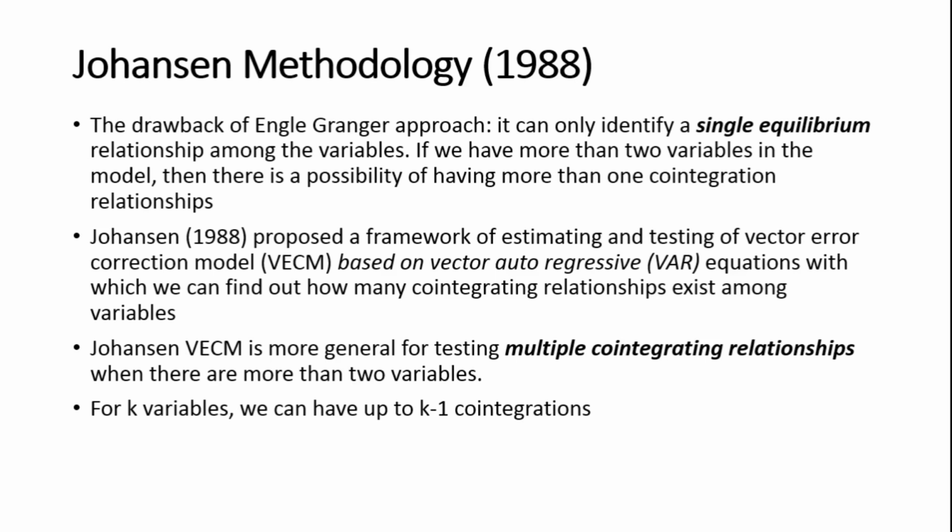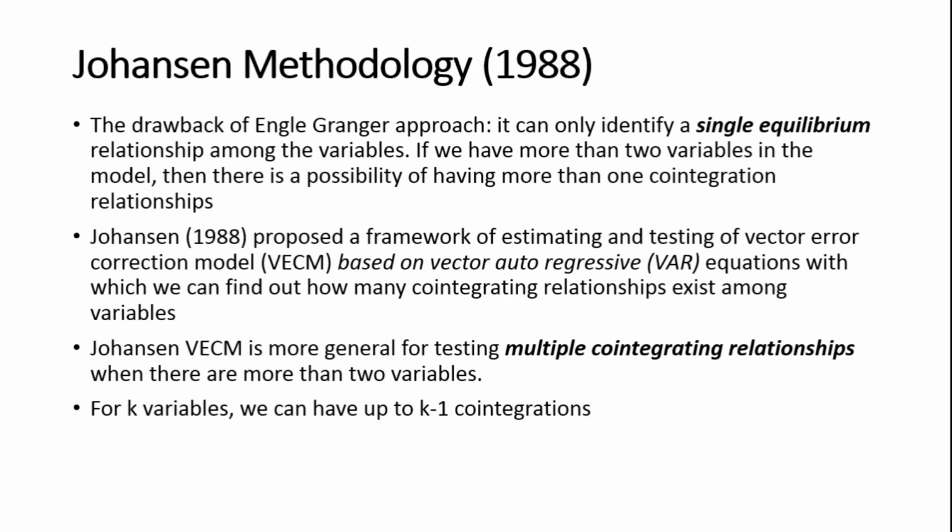So Johansen in 1988 proposed a framework for estimating and testing a vector error correction model based on a vector autoregressive equation, with which we can find out how many cointegration relations exist among variables.